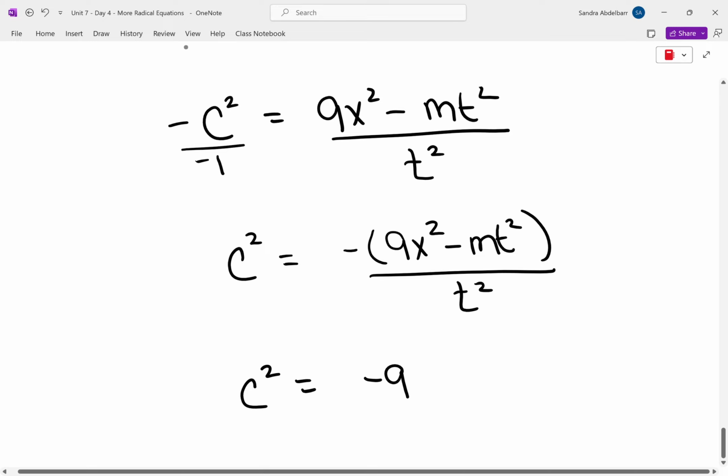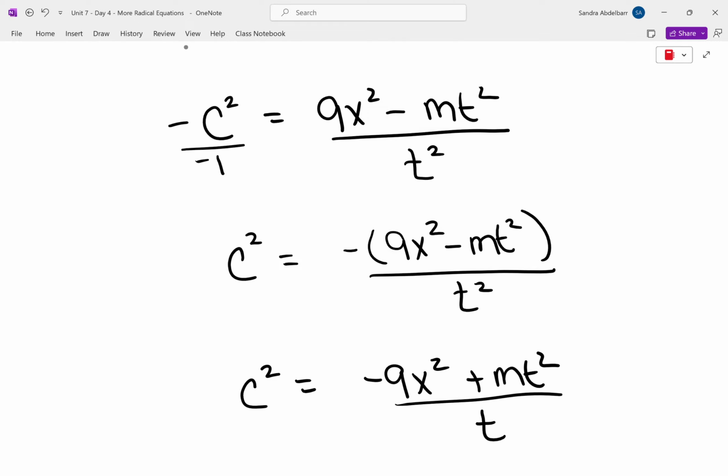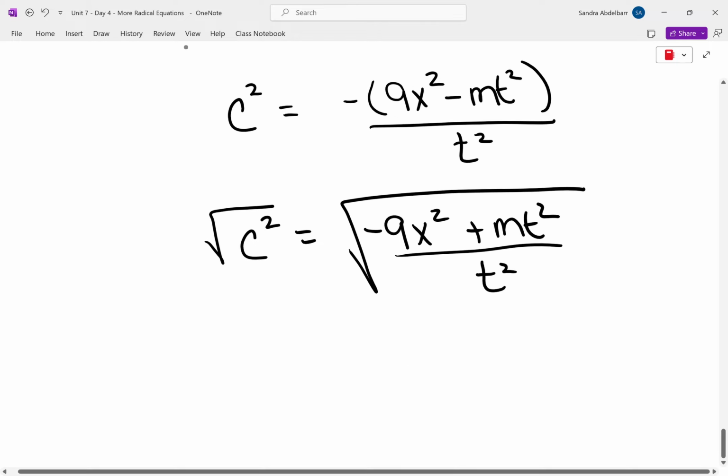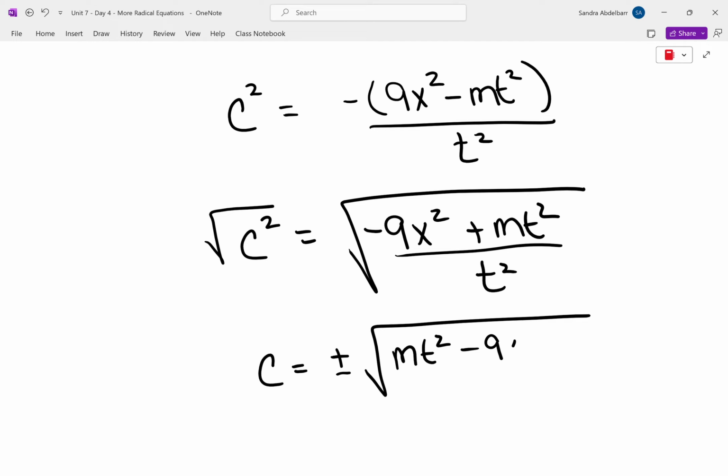You could distribute in that negative, so c squared equals negative 9x squared plus mt squared all over t squared. Now, lastly, we're solving for c. To undo a square, we take the square root, and c will equal plus or minus the root of mt squared minus 9x squared all over t squared.